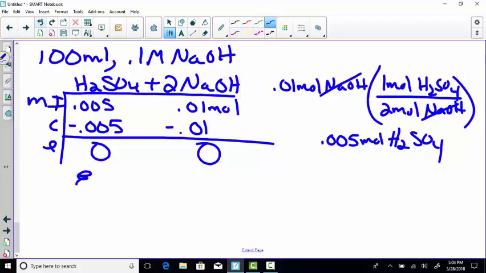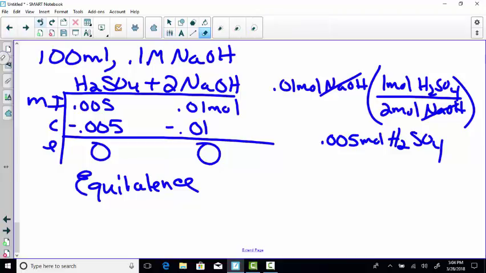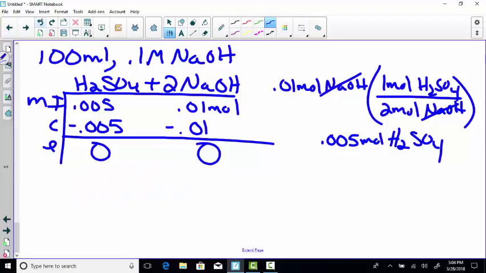We are at the equivalence point. Don't go with my spelling, I'm an idiot. We're at the equivalence point, so we can't do any math. So because we can't do any math, you just have to know the pH is 7. Okay? I can't take the log of anything, I can't do anything. So you just have to know pH is 7.